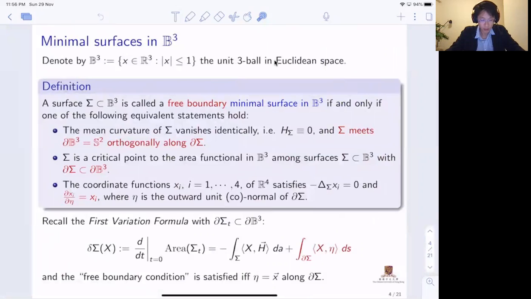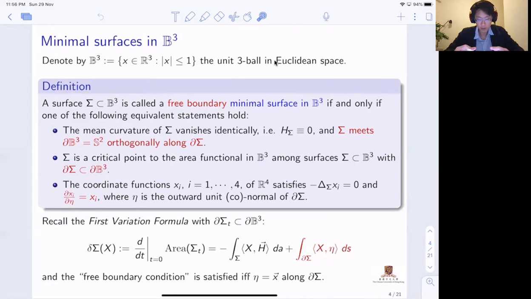And if we have a surface sigma inside the ball, we say that this is a free boundary minimal surface in the ball if, first of all, this is a minimal surface, and it also satisfies an additional free boundary condition. So these three equivalent statements would also define a free boundary minimal surface in the ball.